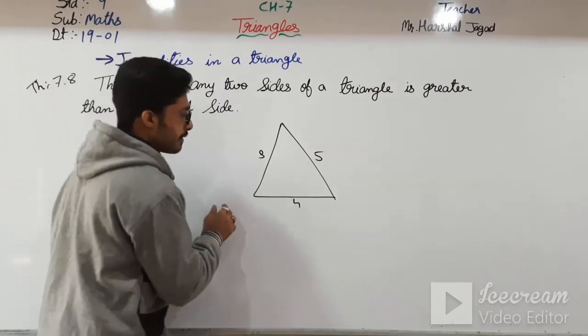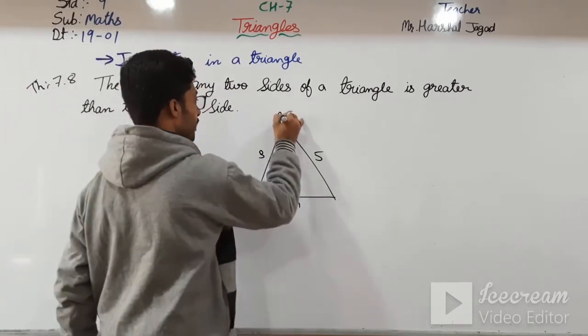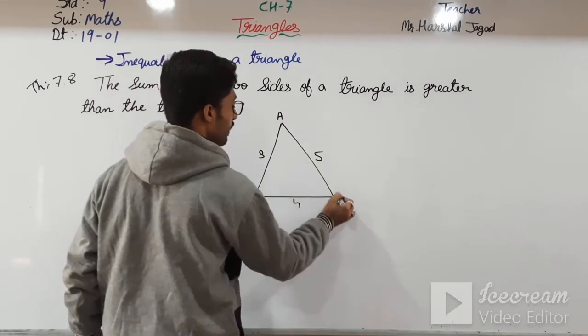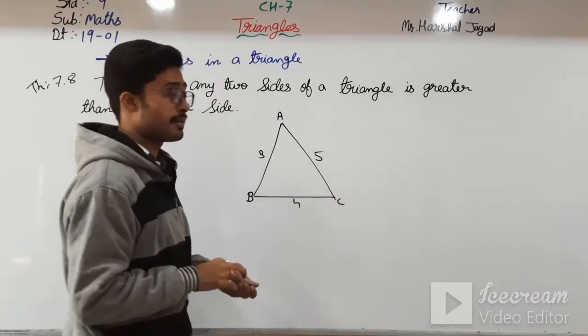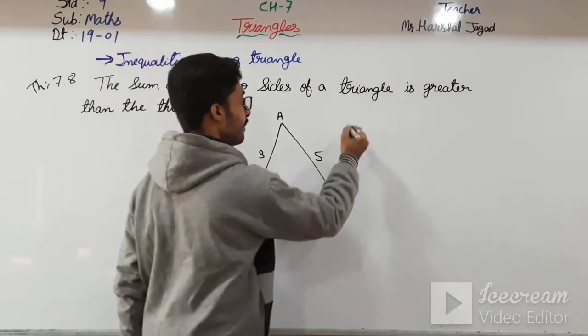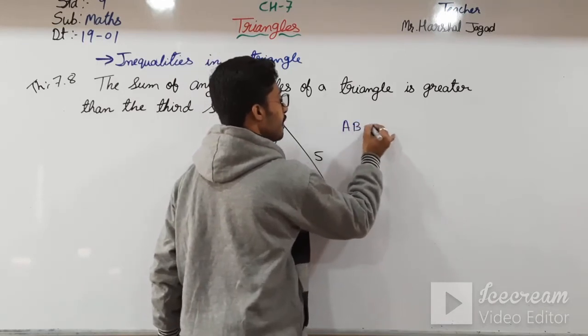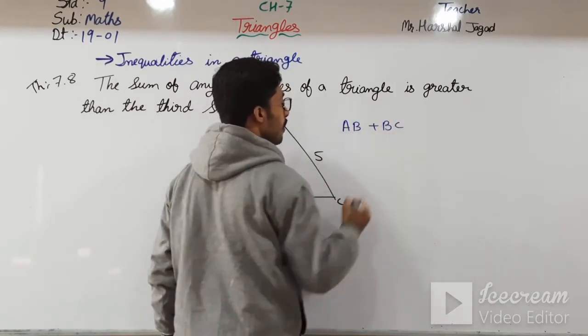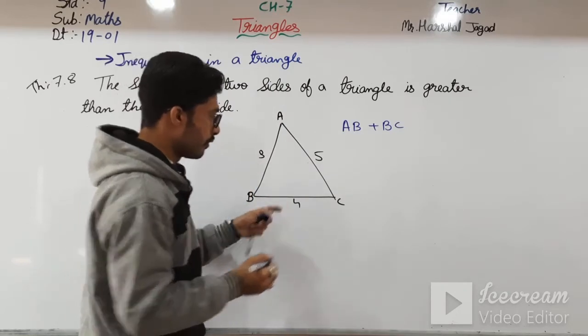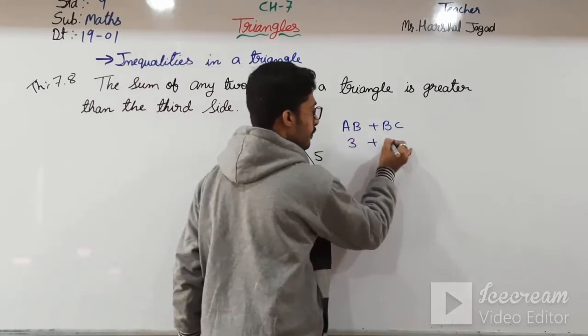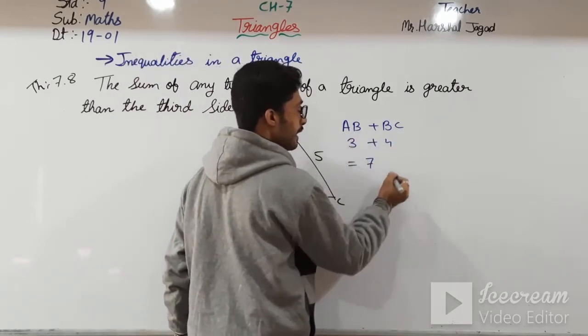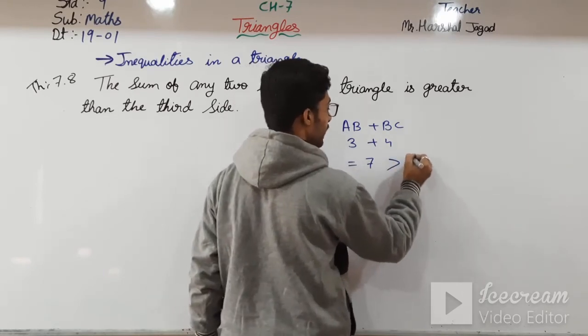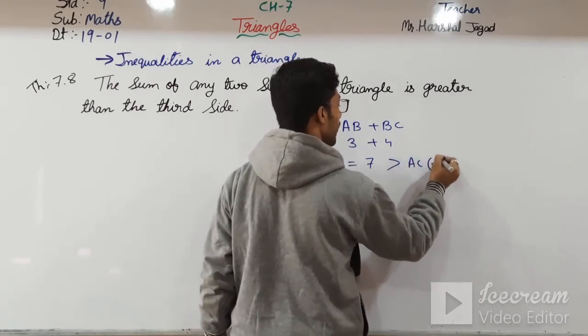If I say triangle ABC, then AB plus BC is 3 plus 4, that is 7, and that is greater than AC, which is 5.